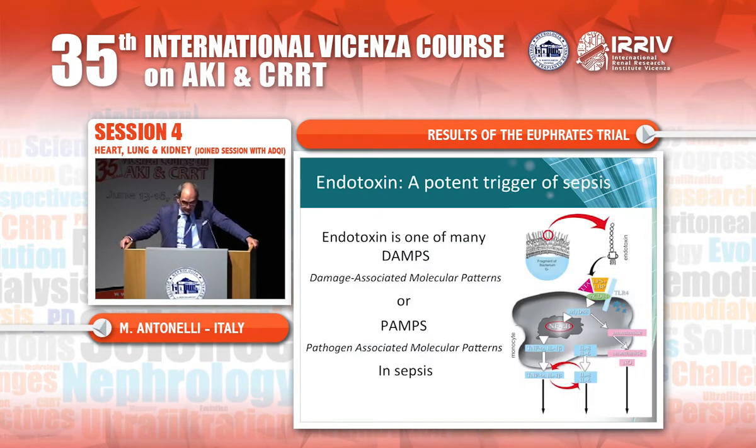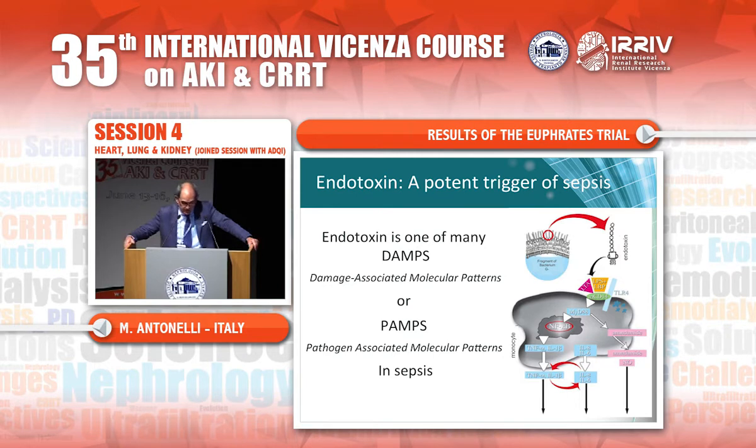When you look at endotoxin, we are speaking about a really powerful trigger of sepsis. Whatever the perspective we are looking at the endotoxin as a molecule, this can be a damage-associated molecular element or a pathogen-associated molecular pattern.